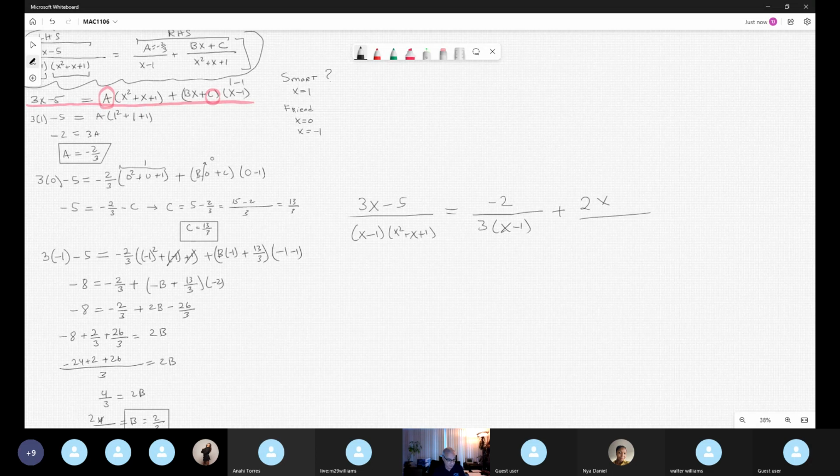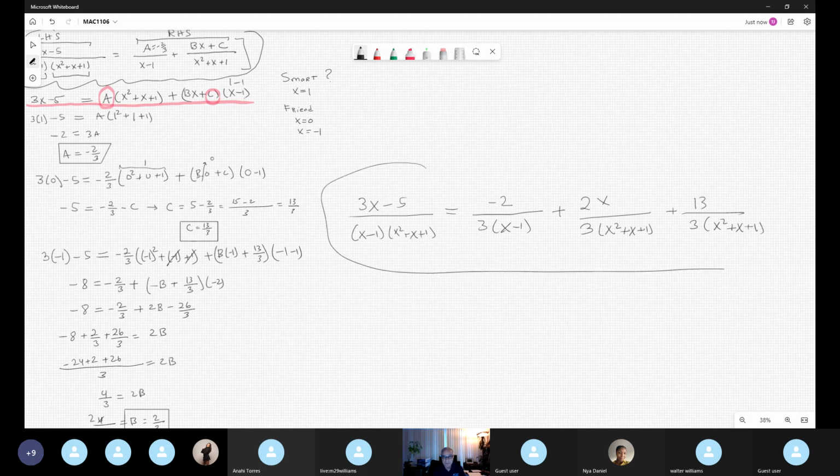2x over 3 times (x squared plus x plus 1). And C is also 13 over 3 over (x squared plus x plus 1).